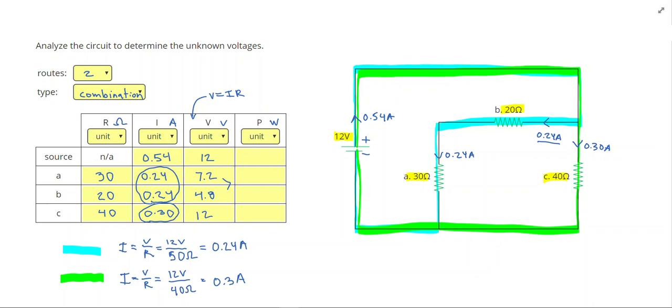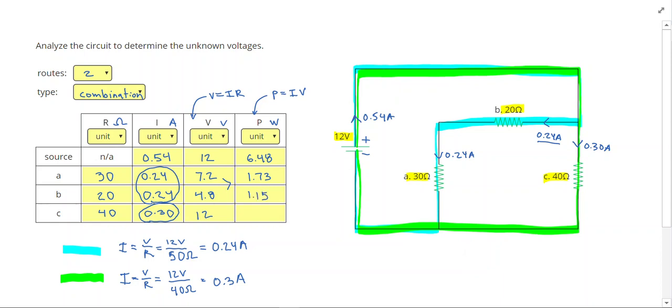Next, I can figure out the power by using the electric power equation, P equals I times V. 12 times 0.54 gives me a total power of 6.48 watts. 7.2 times 0.24 gives me 1.73 watts. 4.8 times 0.24 gives me 1.15 watts.